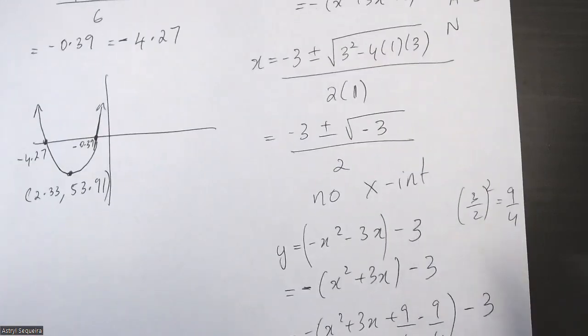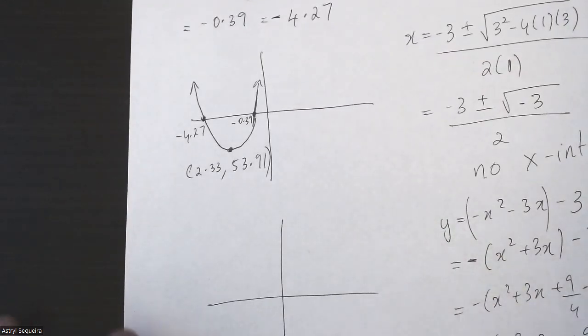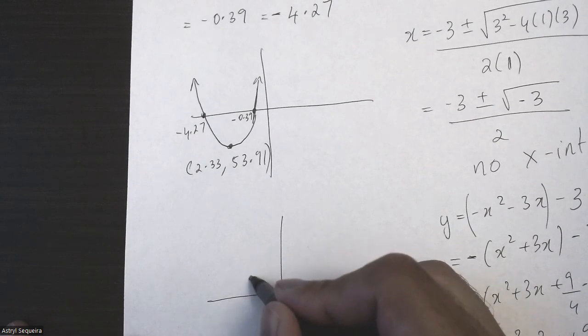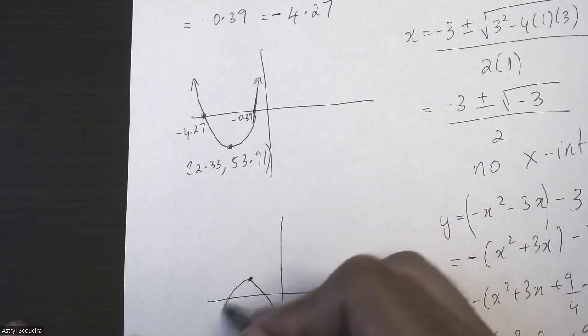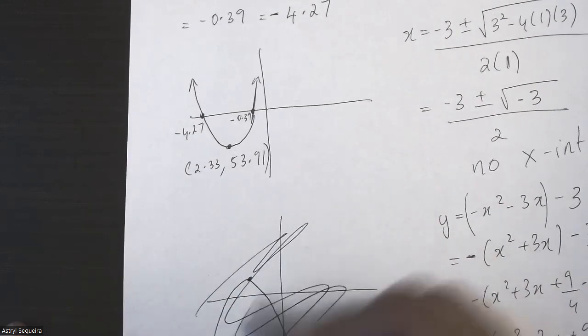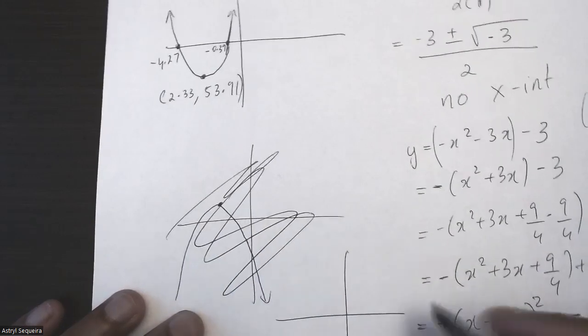I know that the y-intercept is negative 3, so if I sketch this out, negative 3 over 2, negative 3 over 4, somewhere approximately here, opens downwards. Oops, I drew that wrong. Because it can't have any x-intercepts.